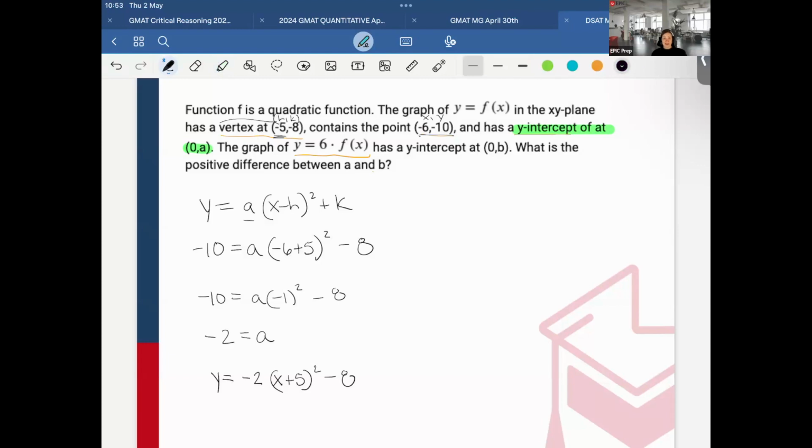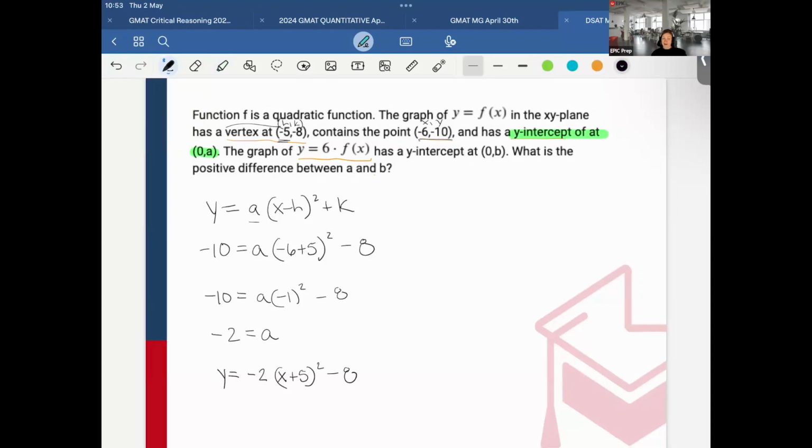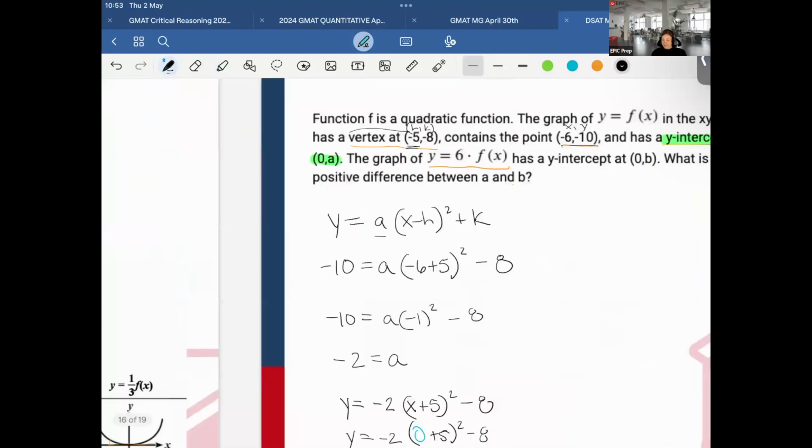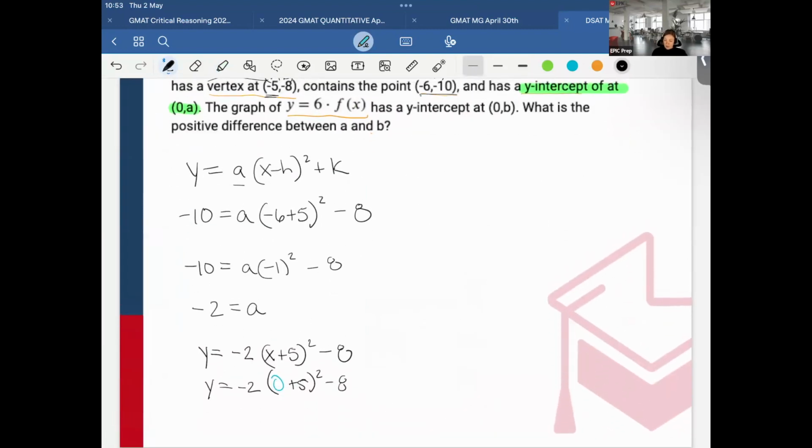And then I'm asked for what the y-intercept would be. The y-intercept is, as you see here, when x is equal to 0. So all I need to do is plug in the 0 value for x, and then I can solve for the y-intercept.